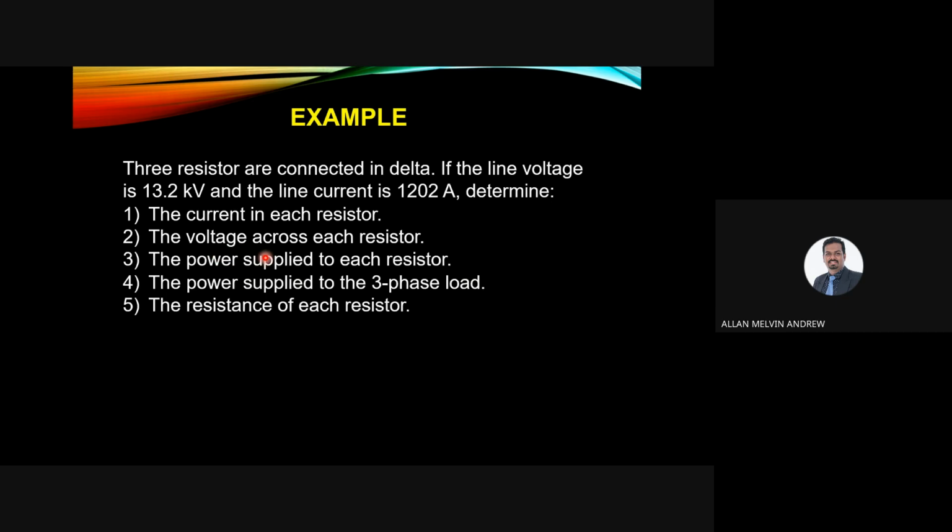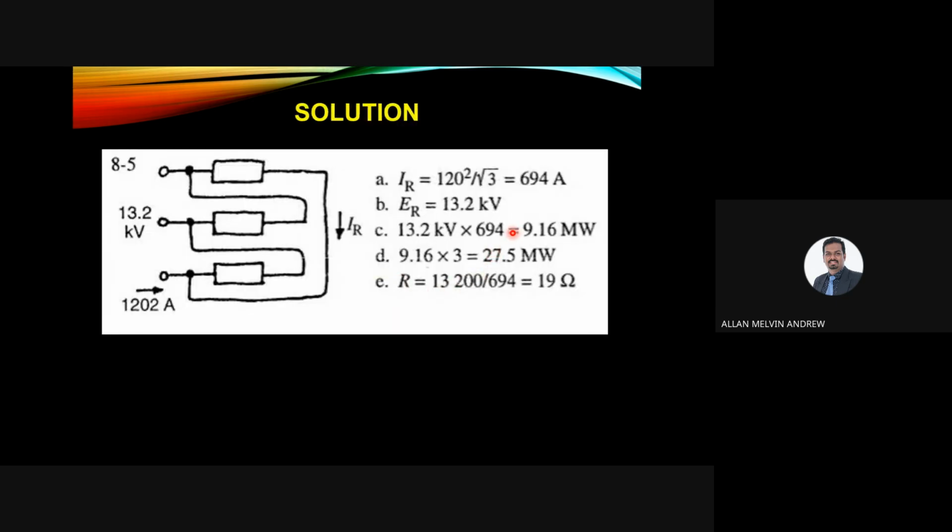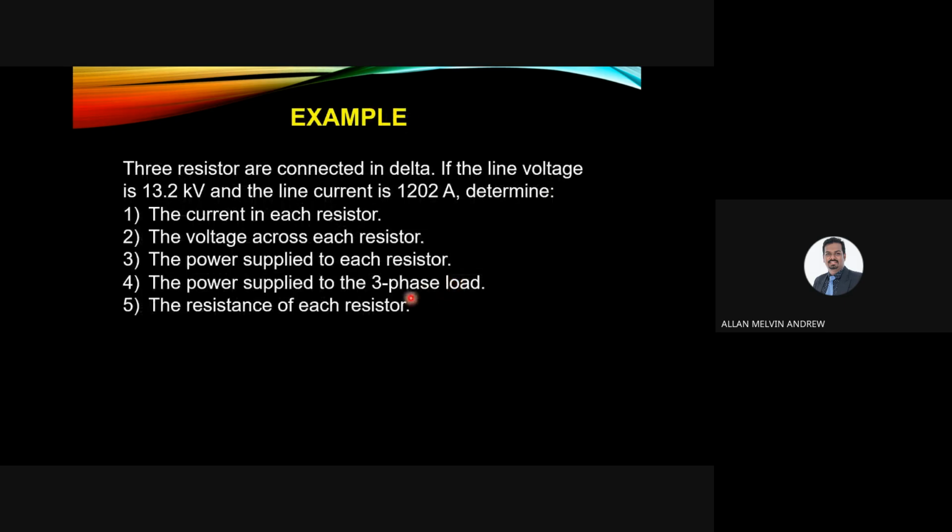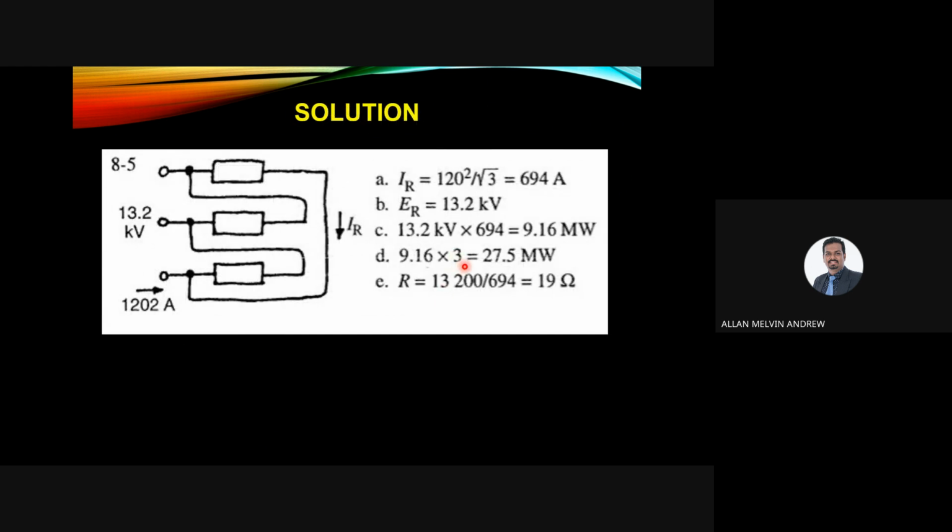We want to find the power supplied to each resistor. So the voltage times the resistor current, VI. So you get 9.16 megawatt. For the power supplied to the three-phase load, you need to multiply by 3.